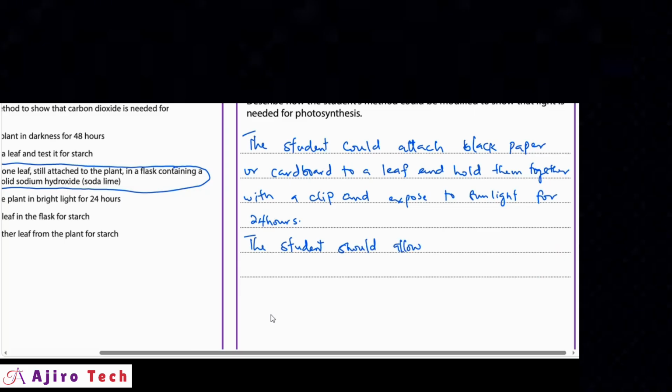Access to, or let me change this, the student should allow the plants to be exposed to carbon dioxide.